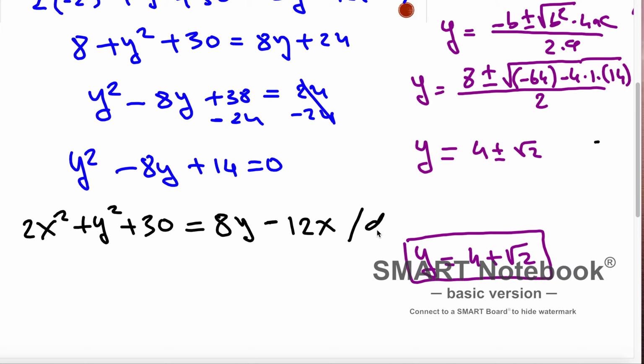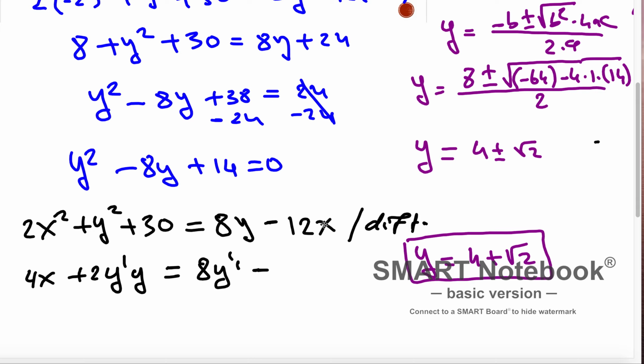Now I differentiate this equation. The derivative of 2x squared is 4x, plus 2y times the derivative of y. The 30 becomes 0. 8y differentiates to 8 times y prime, and minus 12x differentiates to just negative 12.